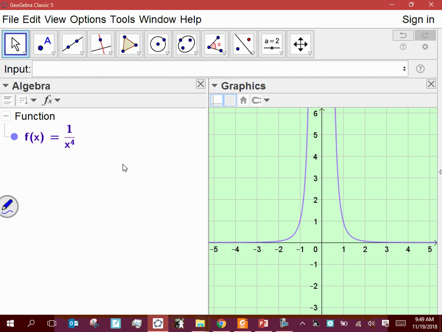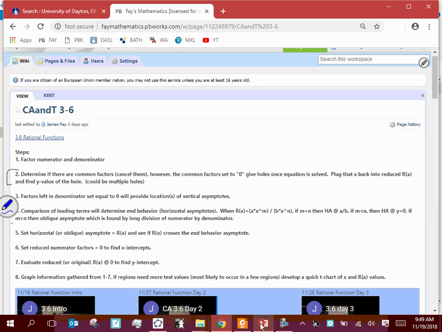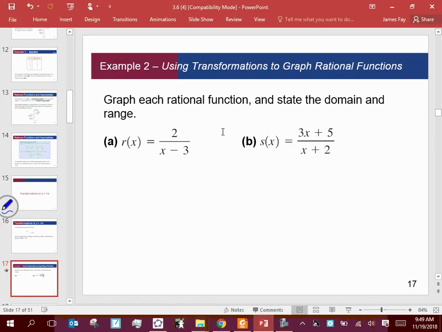Okay? But the behavior of going to infinity or going to 0 happens at a much more rapid pace because of how big that denominator gets relatively quickly.